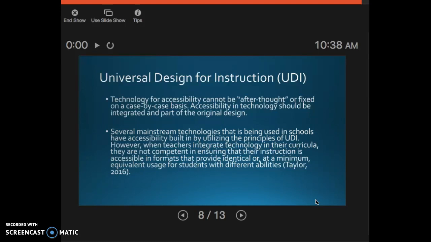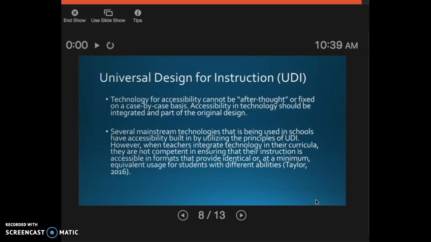Several mainstream technologies that are being used in schools have accessibility built in by utilizing the principles of UDI. For example, Google Chrome, the Chromebooks, the Microsoft, and all of those have already accessibility built in their devices. However, when teachers integrate technology in their curricula, they are not competent.